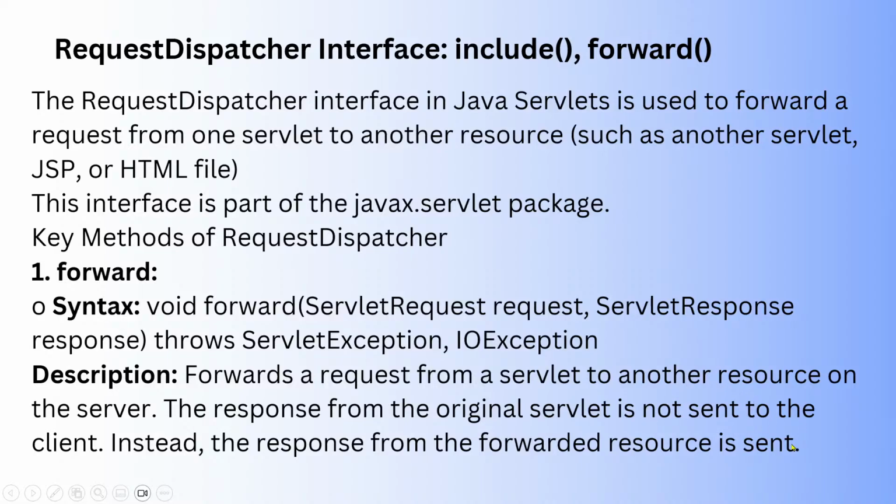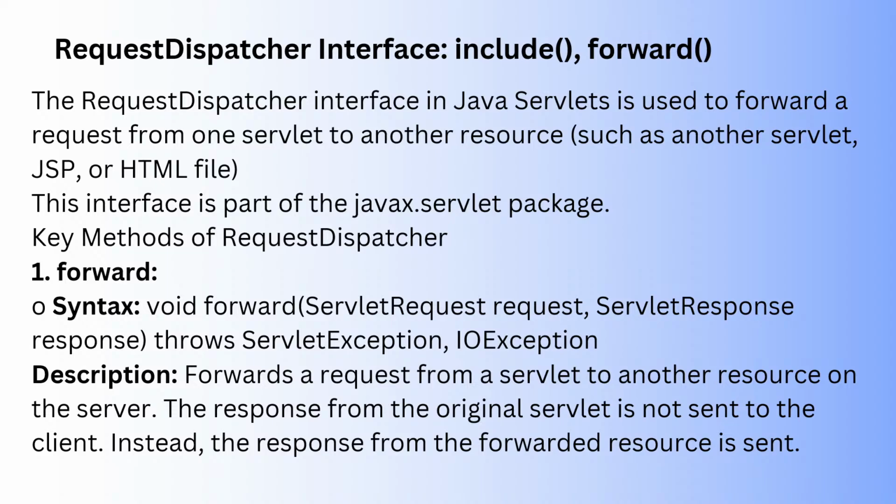Means what? Take an example. I'm using servlet 1 and I want to access resource 1. So what will I do? I will send a request to the server, and the server will send a request to resource 1, to check whether resource 1 is available or not.